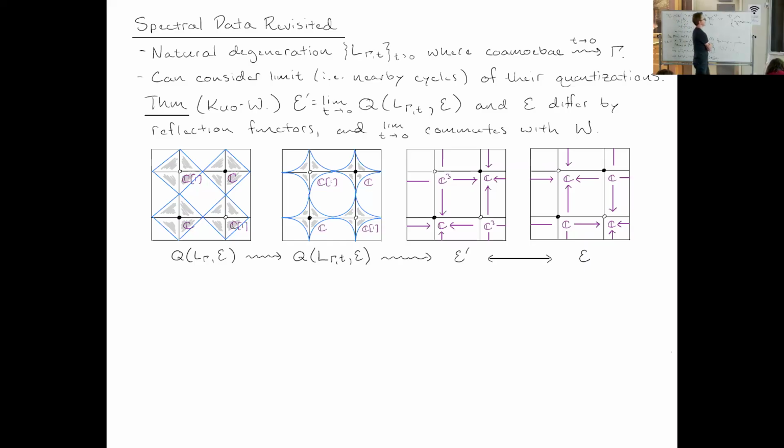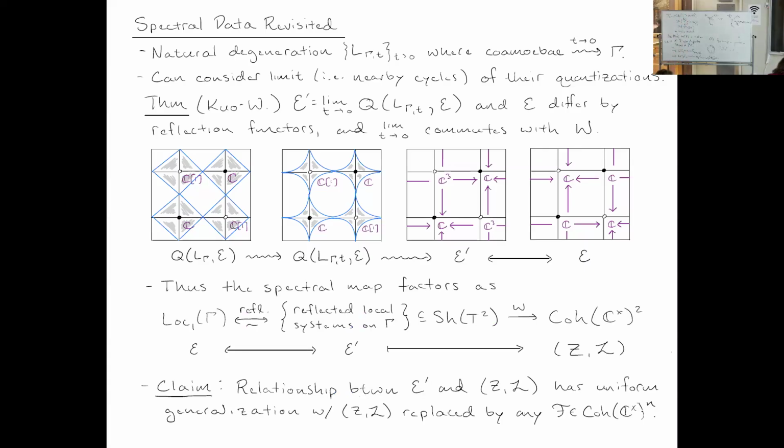All right, so there's an answer for what this limit is, and taking this limit commutes with W, which isn't totally free, but it's not that hard to show. Okay, so the upshot of all this is that that spectral map that we'd seen on the first slide, I can reformulate as follows.